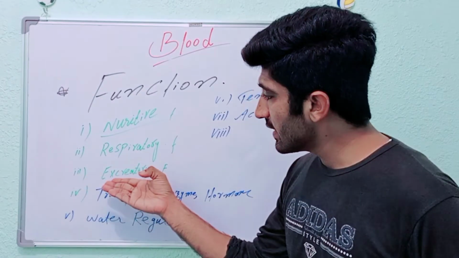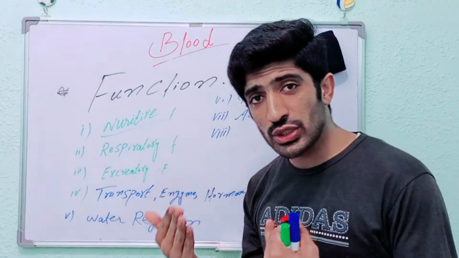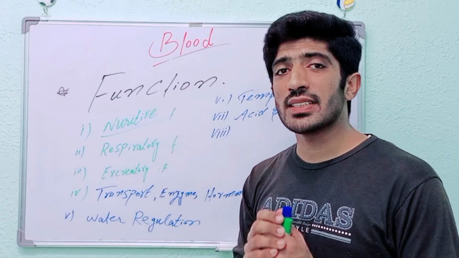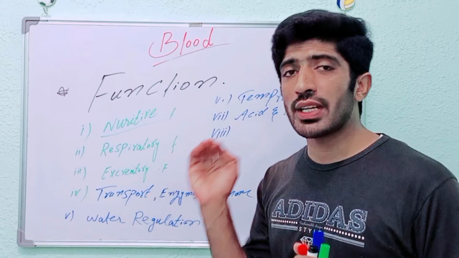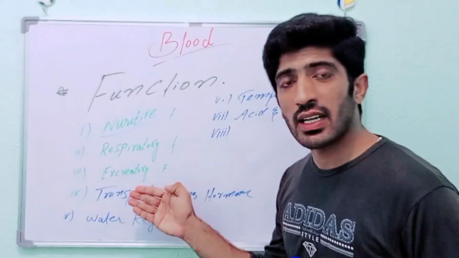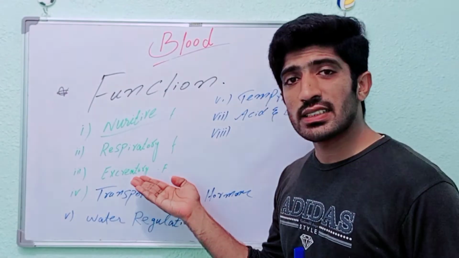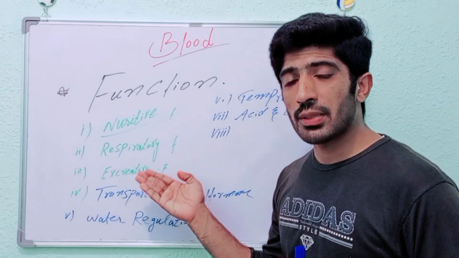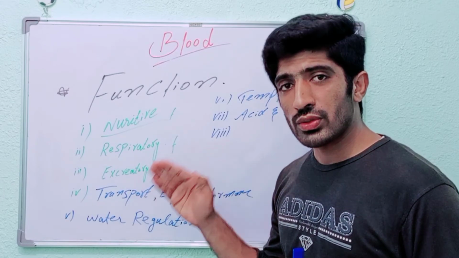The third is excretory function. Students, our cells and tissues are busy every time in metabolic activities. In between these activities, they produce waste material. This waste material goes back to the blood, and through some organs, for example the kidney and liver, goes outside of our body.